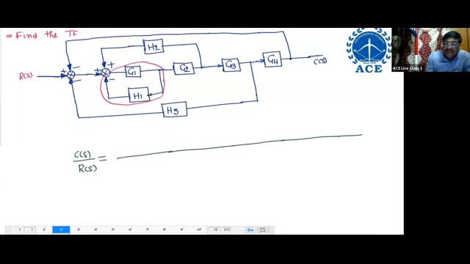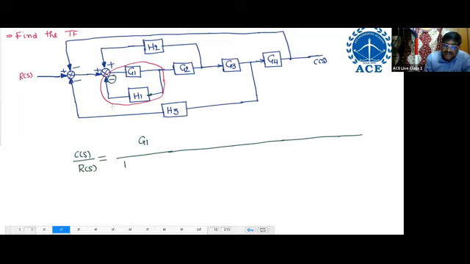To the feedback path H1, the forward path is G1. So G1 divided by, no term in the denominator means 1. Take the opposite sign of the feedback.